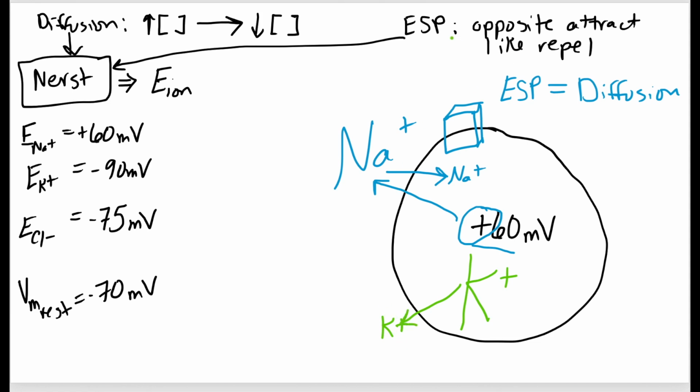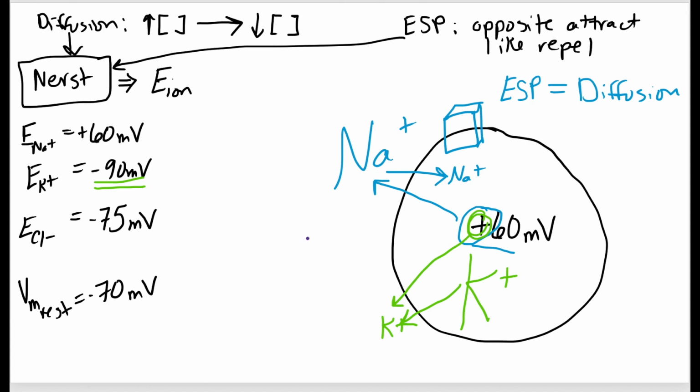Based on electrostatic pressure, again, the positive inside of the cell is going to repel the positively charged potassium ion. So when we're at plus 60 millivolts, both electrostatic pressure and diffusion are pushing potassium out of the cell. That will help potassium drive membrane potential from plus 60 to its favorite membrane potential of minus 90 millivolts.